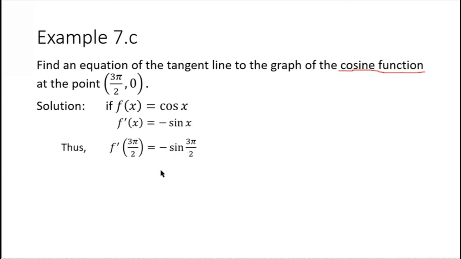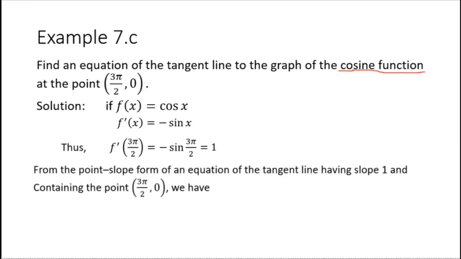And 3 pi over 2, when you convert it to degree measure, since this is radian measure, is 270 degrees. So, when you take the negative of sine 270, the equivalent is 1. So, the value of f prime of 3 pi over 2, negative sine 3 pi over 2, is 1. Okay, so now we have a value.